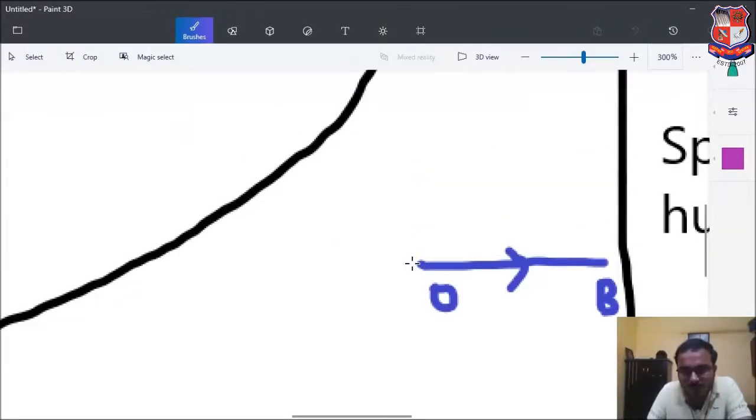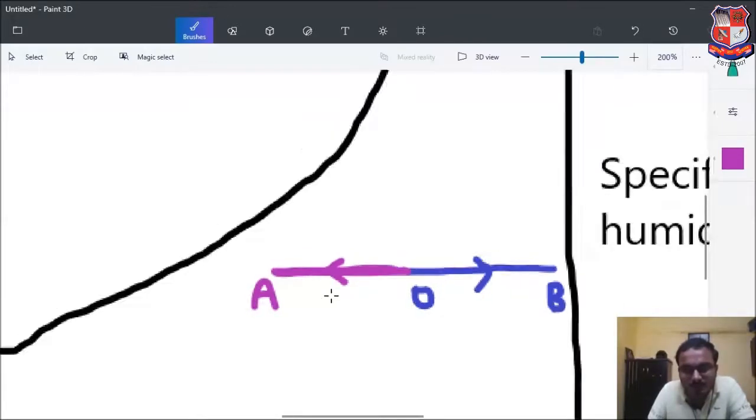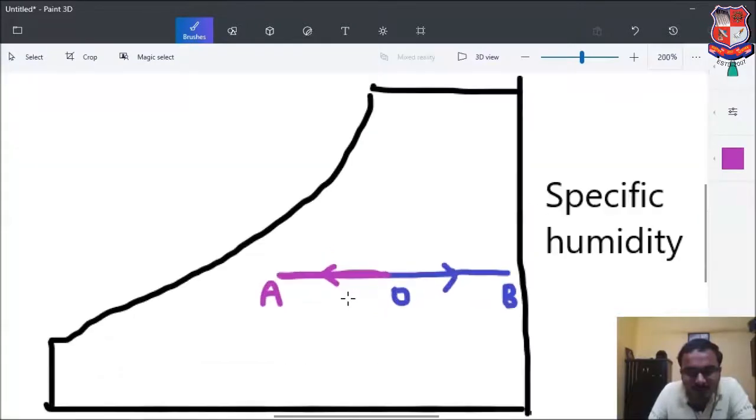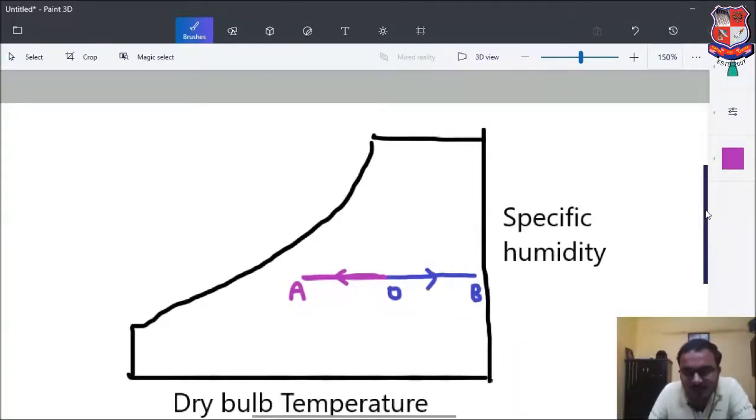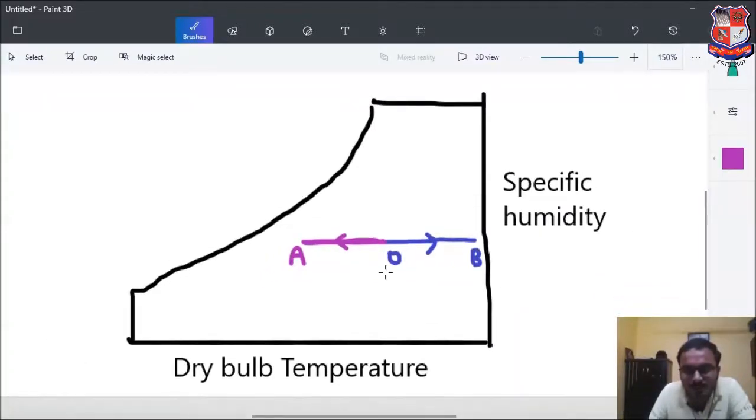That will also be a horizontal line like this, and this will be up to A. So as you can see, temperature is getting decreased and specific humidity is remaining constant. So this will be sensible cooling.